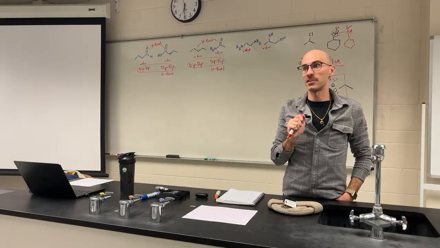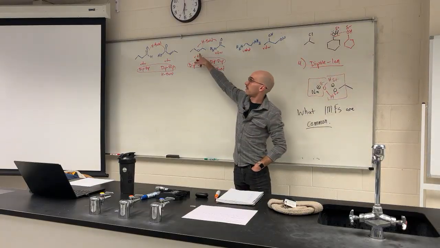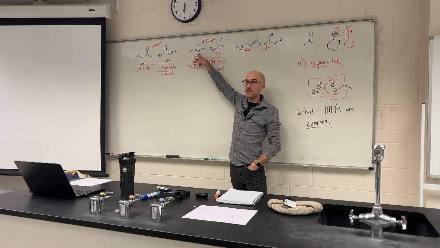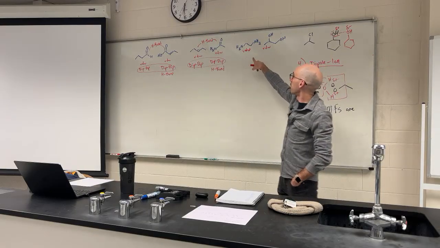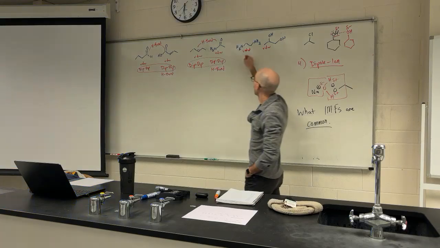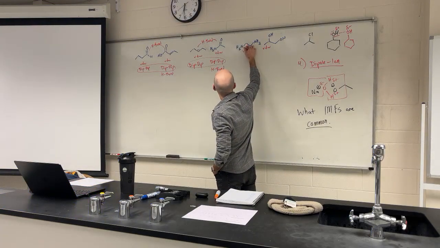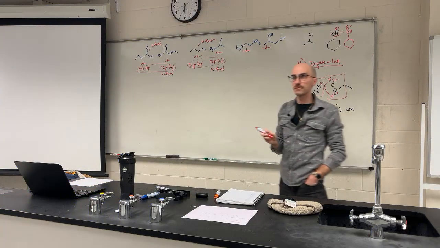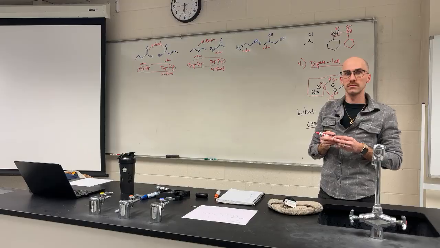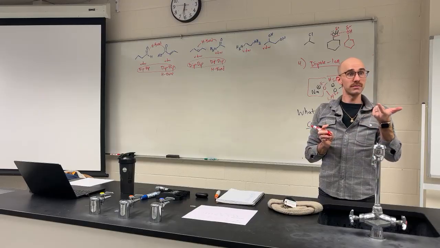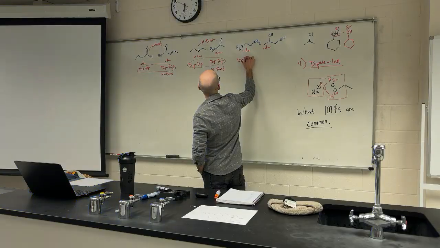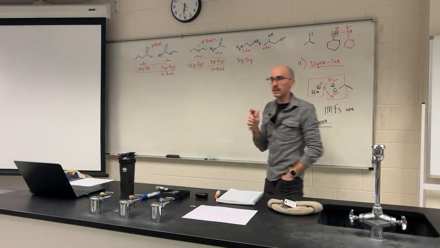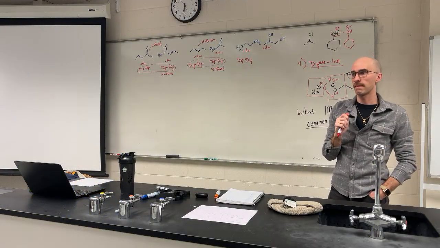The lone pair on the oxygens. Not a hydrogen bond donor by any means, but certainly a hydrogen bond acceptor. All right, on the left, van der Waals, dipole-dipole. CN is polar, so the CN bonds then create dipoles. Hydrogen bonding? Yes.